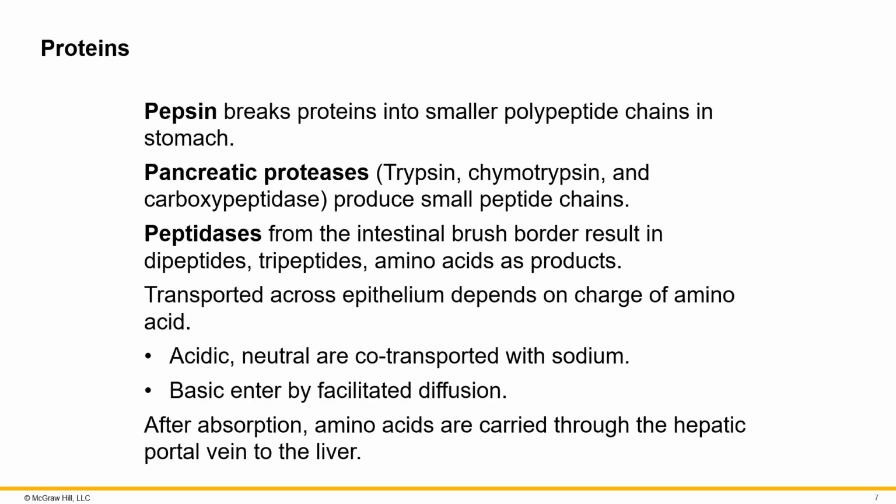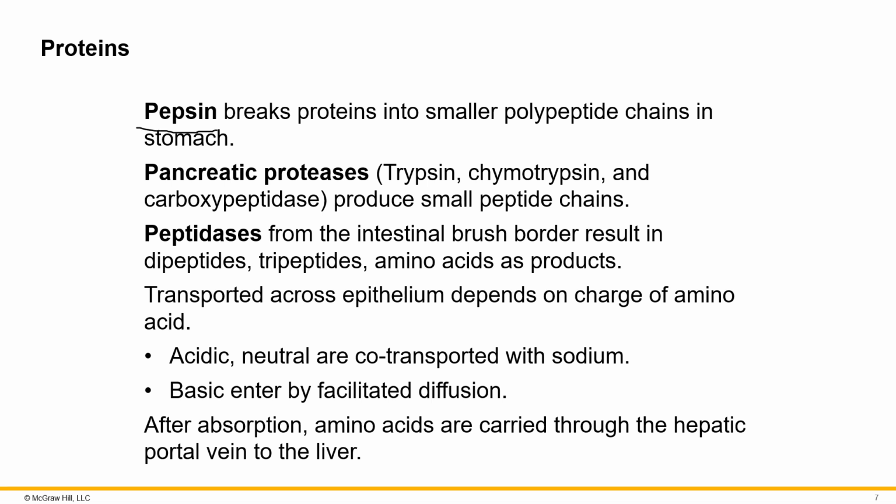Now, there are several proteases that break protein down. The first protease we see is secreted by the chief cell in the stomach, which is the pepsinogen. So pepsinogen is actually a precursor to the active form of the enzyme, which is pepsin.